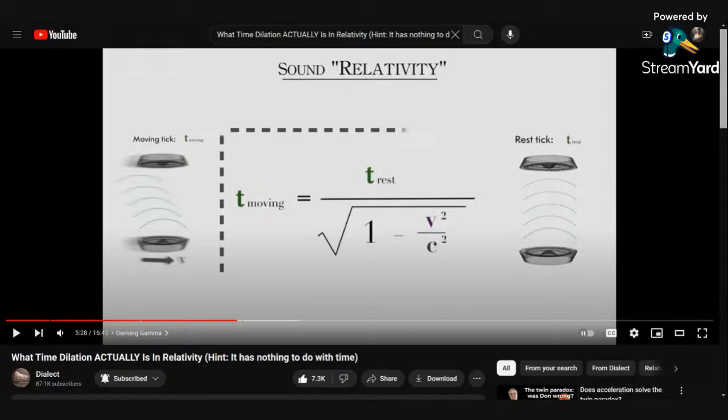So the ticking of the moving clock has to be slower per second. There has to be less, it should take more time for it to tick. This is the ticking rate. The ticking of the moving clock is slower relative to an inertial observer.